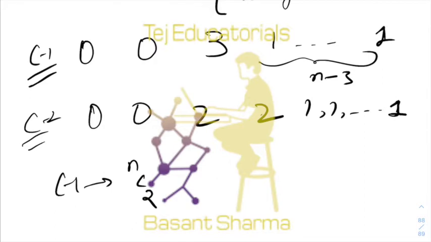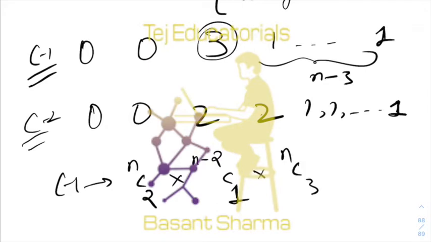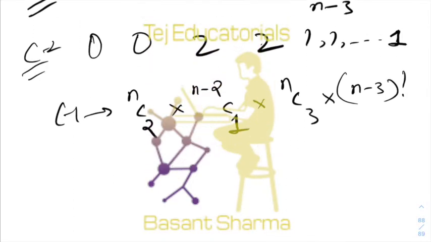Then out of n minus 2 children, select one child who will be given 3 games. Then select 3 games, and then distribute the remaining n minus 3 games amongst n minus 3 children in n minus 3 factorial ways. So this is the same logic that we used in the previous part.